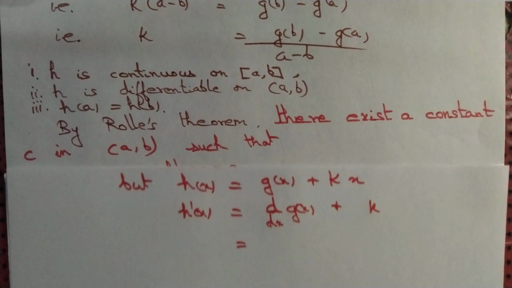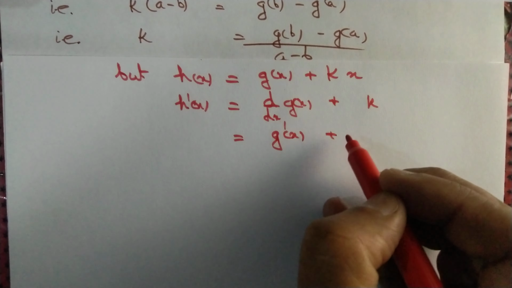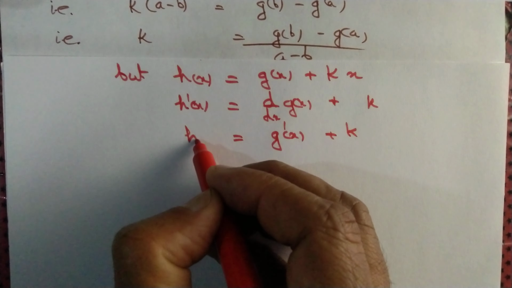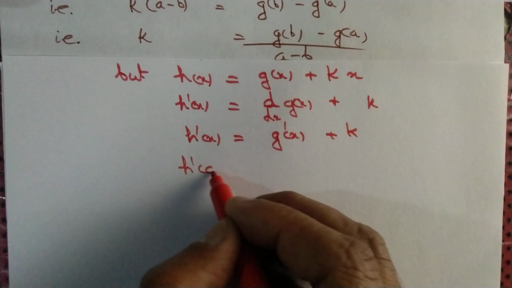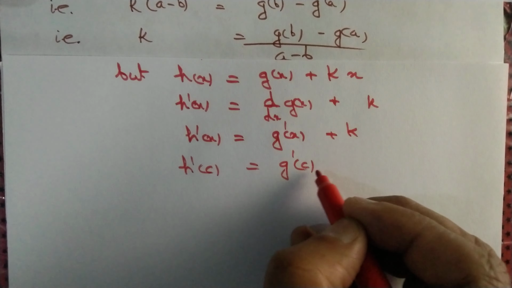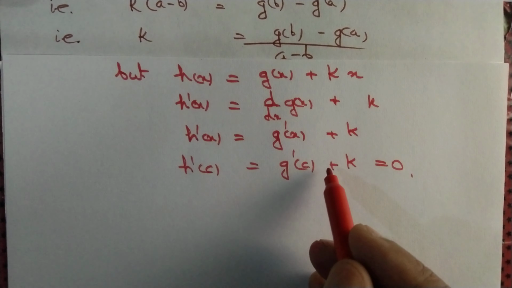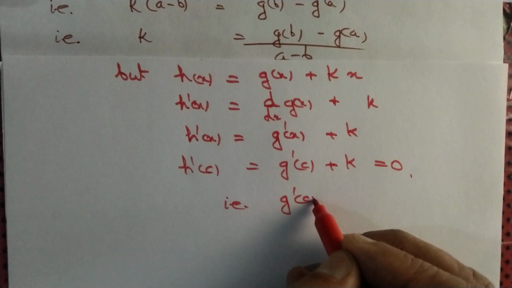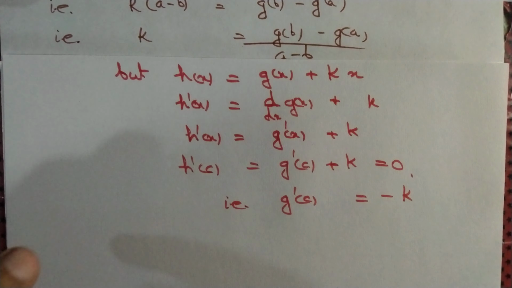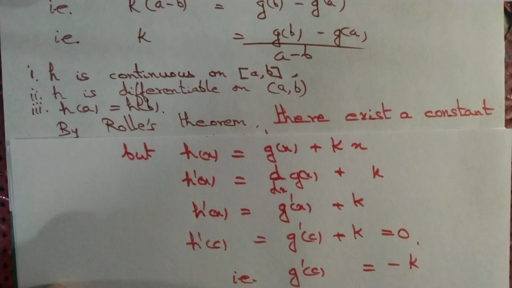So h'(x) equals g'(x) + k. So h'(c) equals g'(c) + k must be equal to 0. So there exists a constant c such that g'(c) + k equals 0. That is, g'(c) must be equal to -k. And how much is k? k is equal to (g(b) - g(a))/(a - b).